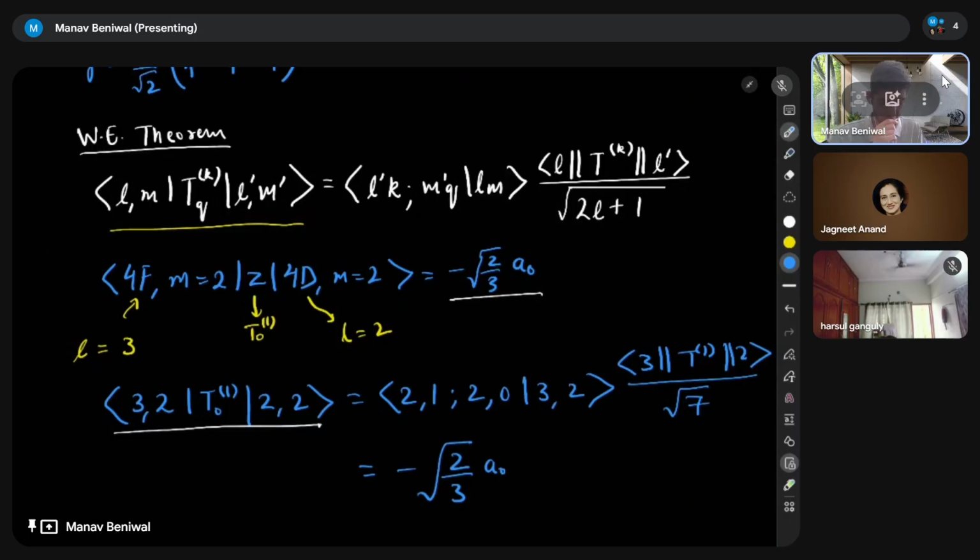Now the Clebsch-Gordon coefficient of this thing is 1 by root 3.